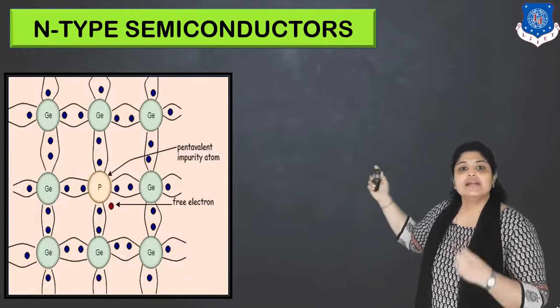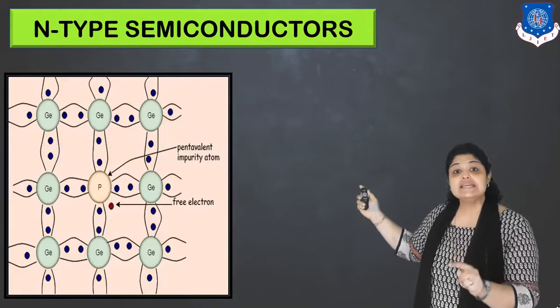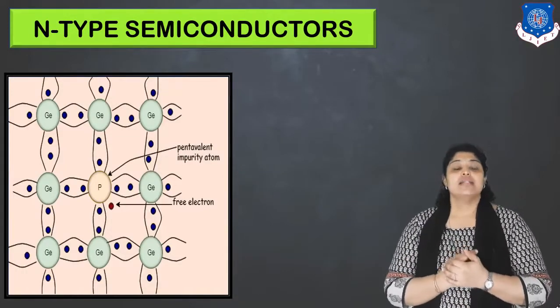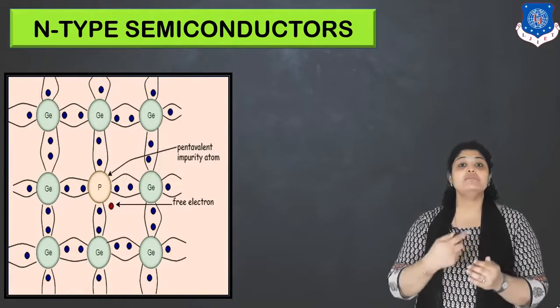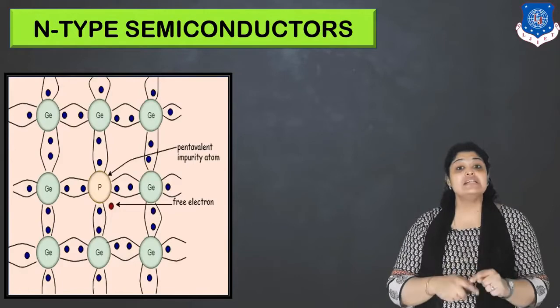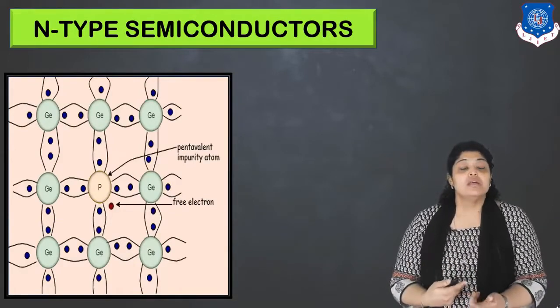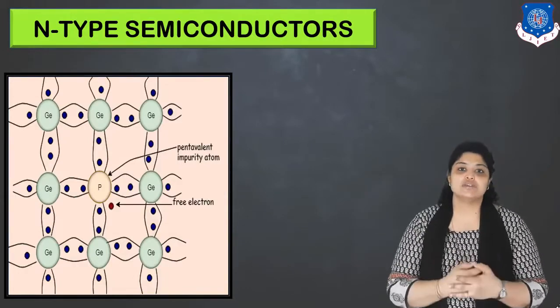So in the diagram you can clearly see that 4 covalent bonds are complete, but still a free electron is left. That means the covalent bonds are complete, but still we have a free electron. Where will this free electron be? Because the valence band is already filled, it will be present in the conduction band.